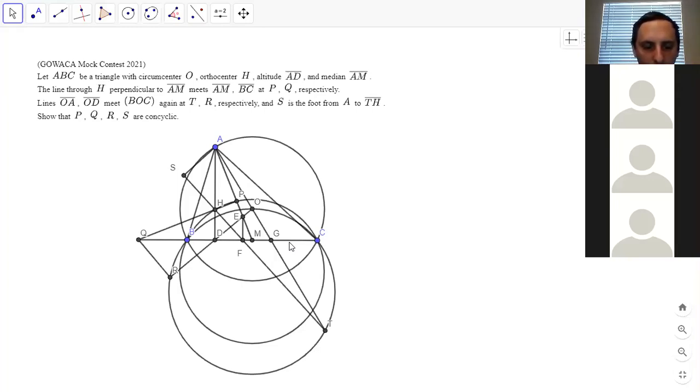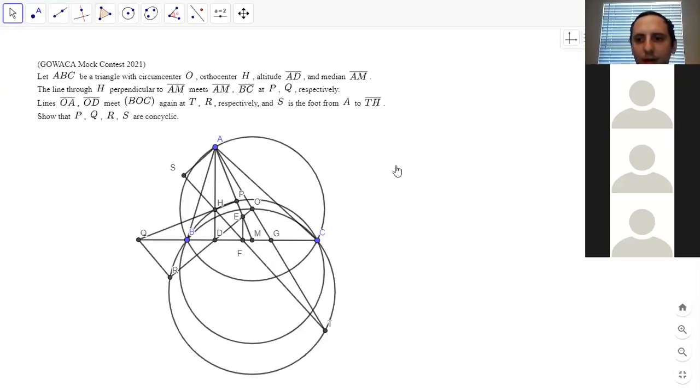Interesting. So if GE bisected AD, then if we let GE intersect AD at some point K, and we project AKD infinity onto BC, we'd get GMD, and then, yeah, so it goes back to trying to show that DFMG is harmonic.